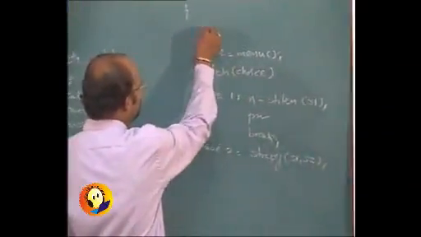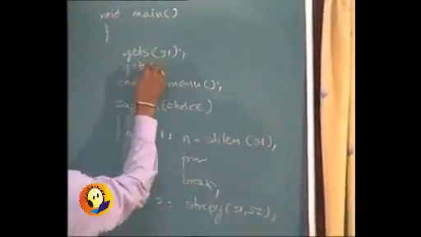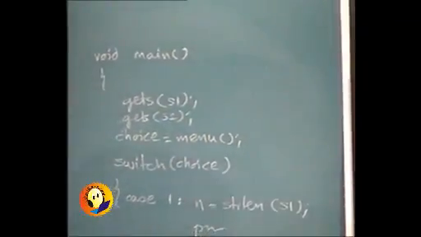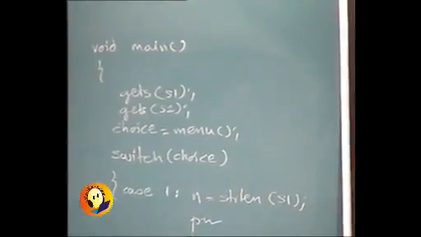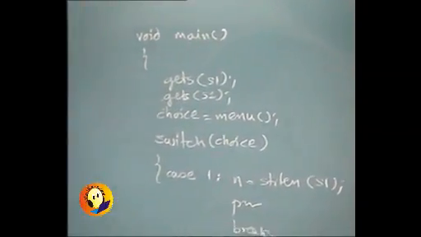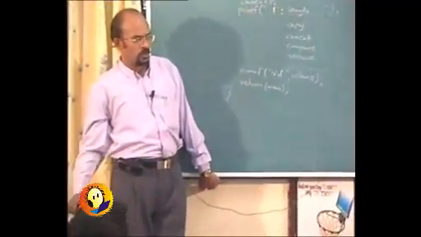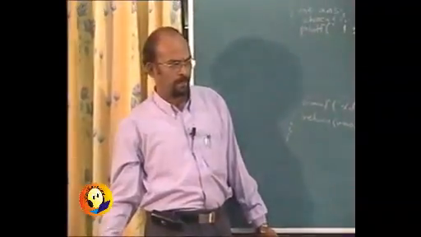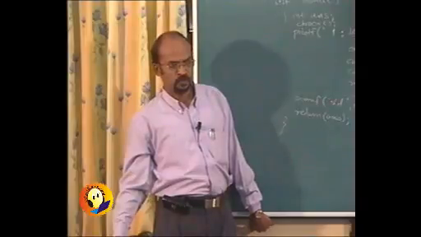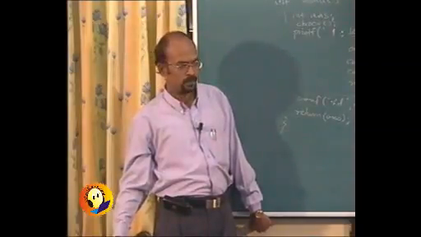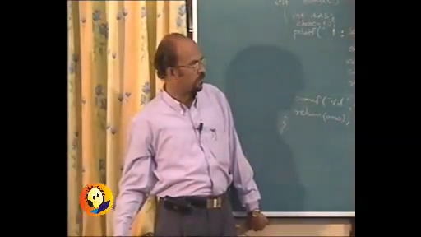So here is my statement, gets s1, gets s2, or should it be only gets s1, or should it be only gets s2? Both the strings I should input, or only one? Only one. Why?